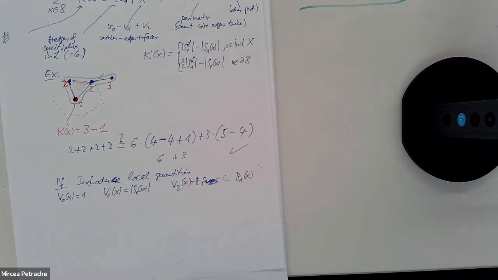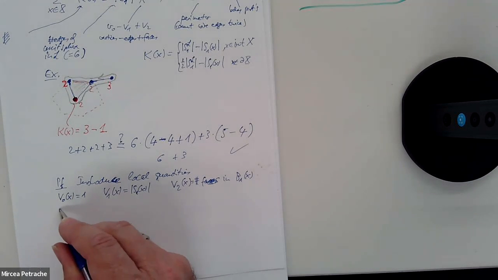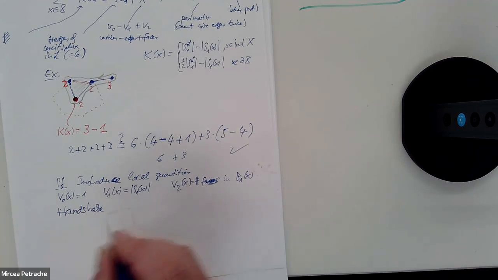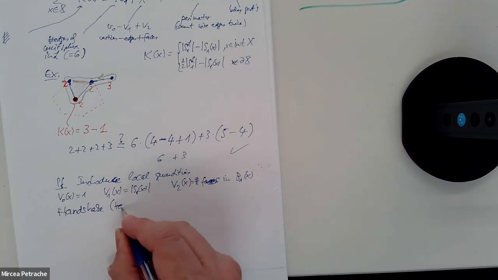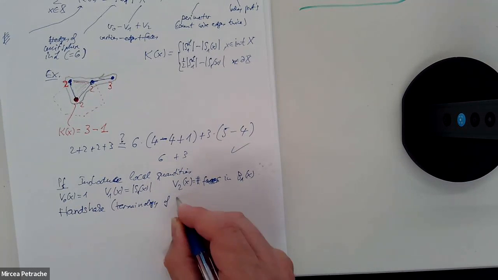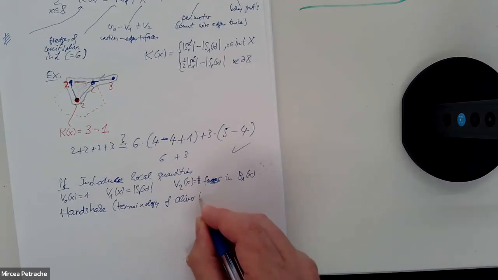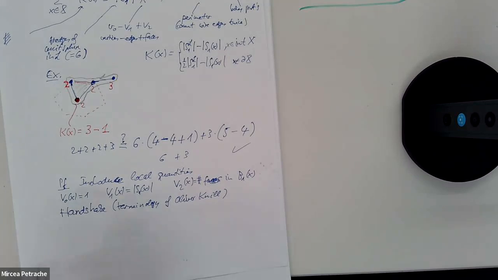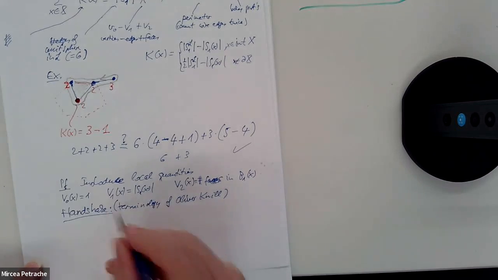And then you have some properties. I found a nice terminology in Knill's paper, so he calls them handshake.